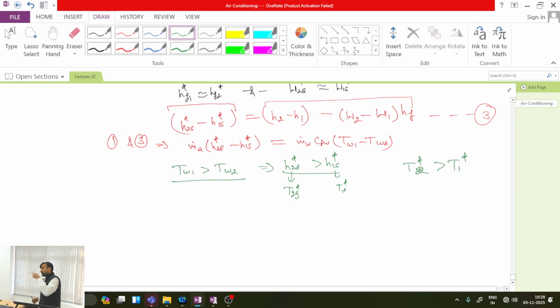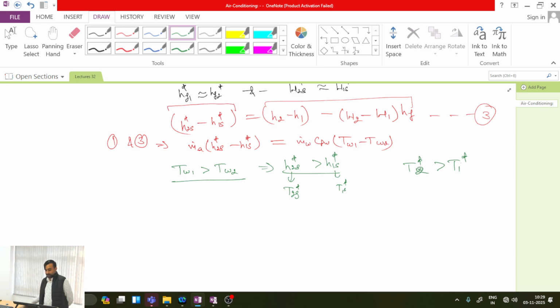So during this process, wet bulb temperature will actually be increasing. Is this point clear or not? Getting my point or not? So it means the wet bulb temperature of the moisture will be increasing from T1 star to T2 star.